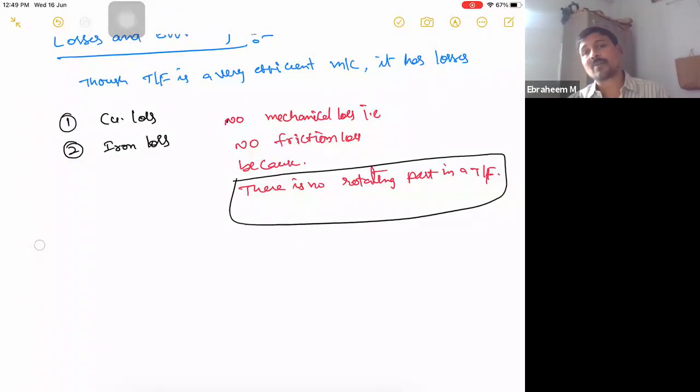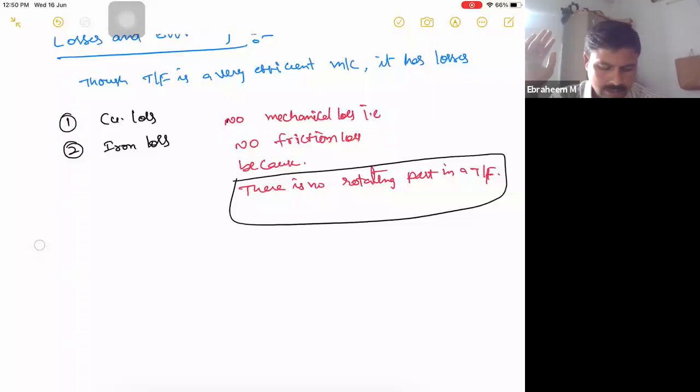You have copper windings in both the HV and LV windings, the high voltage winding and the low voltage winding. And an iron core is there, right? The flux is produced by sinusoidally varying currents, so the flux is varying, and the core is subjected to the variations of the flux. You will have iron loss, both hysteresis as well as eddy current loss.